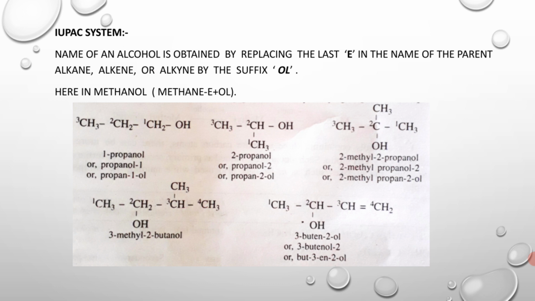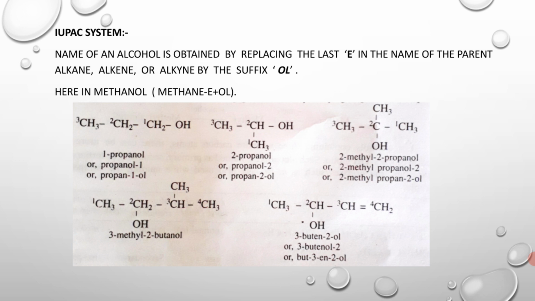First of all, the alcohol is obtained by replacing the last e in the name of the parent alkane, alkene or alkyne by the suffix ol. As from methane we get CH3OH, that is methanol. We write this as methane minus e plus ol, that is methanol.